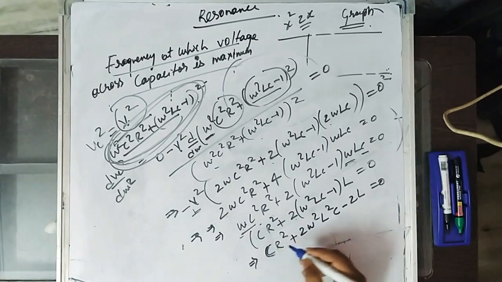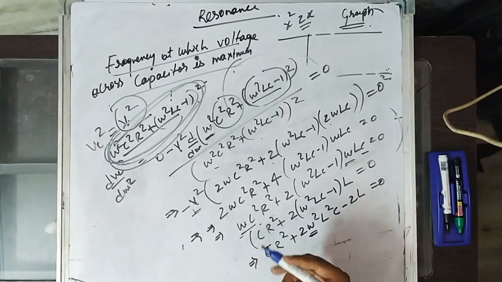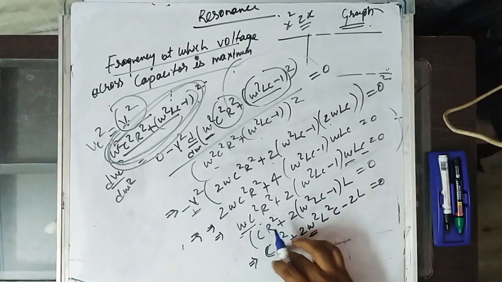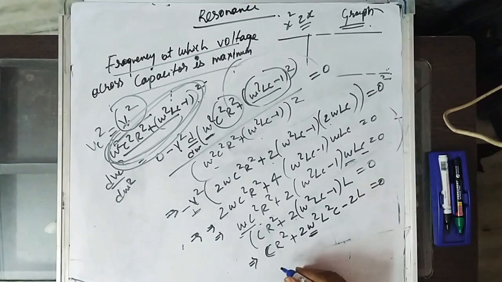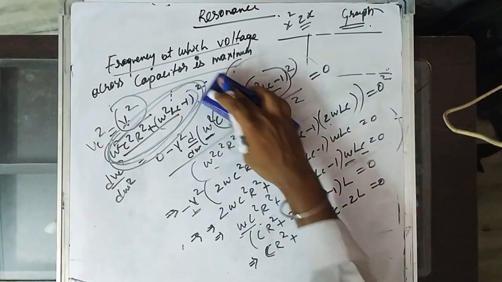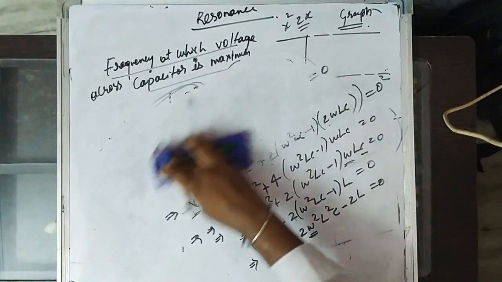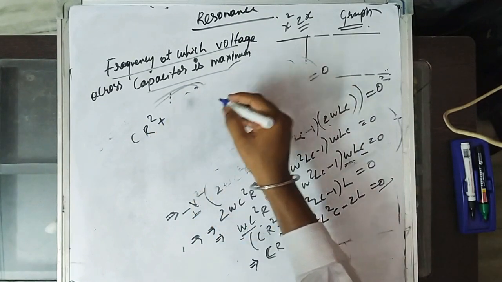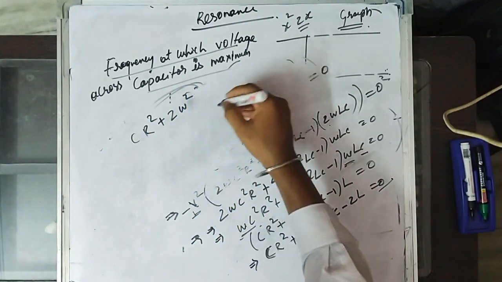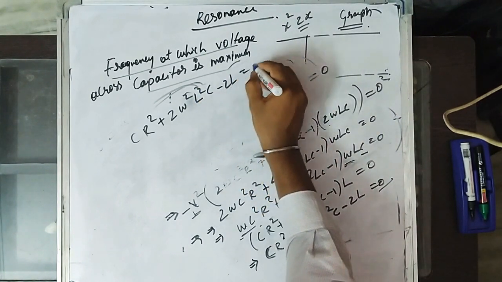So by this what we need is omega, because we intend to find the frequency. So from this equation, equate omega square. We take this and move it upside, we got CR square plus 2 omega square L square C minus 2L equal to 0.